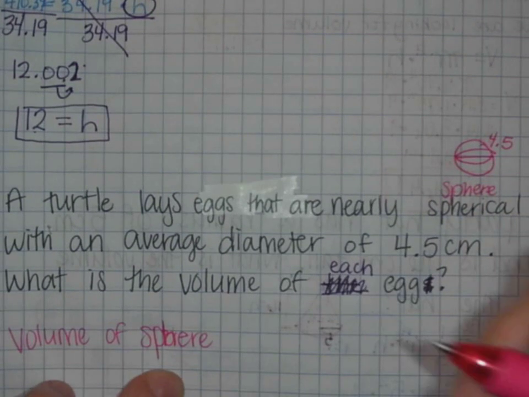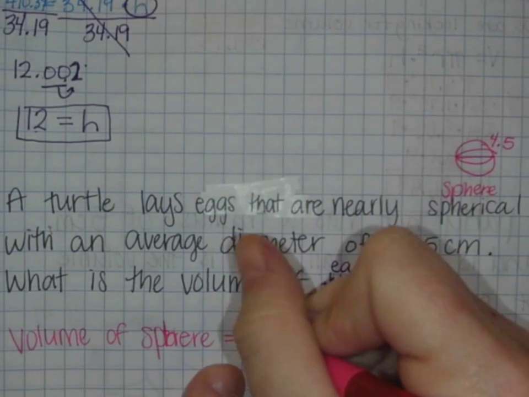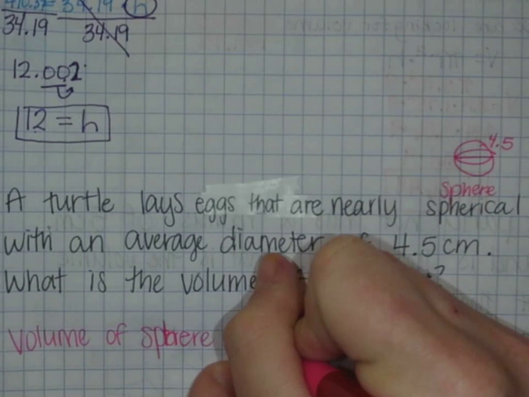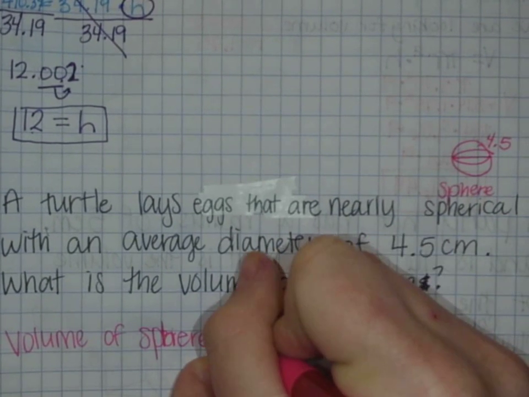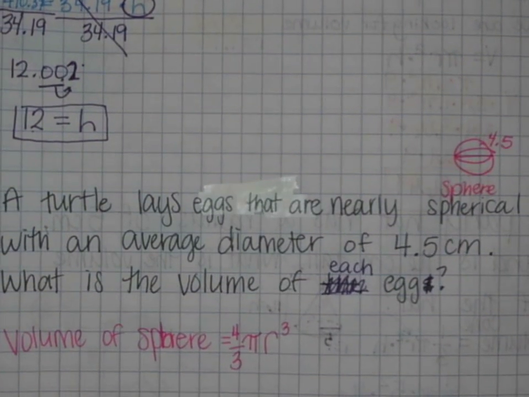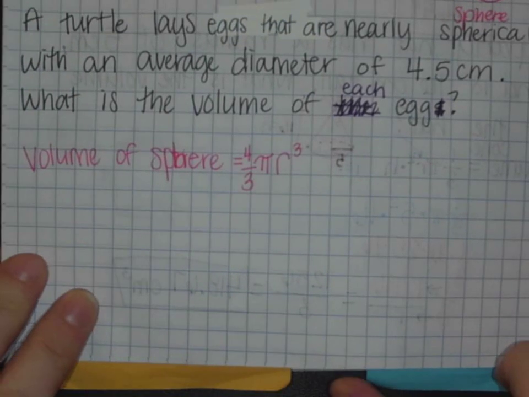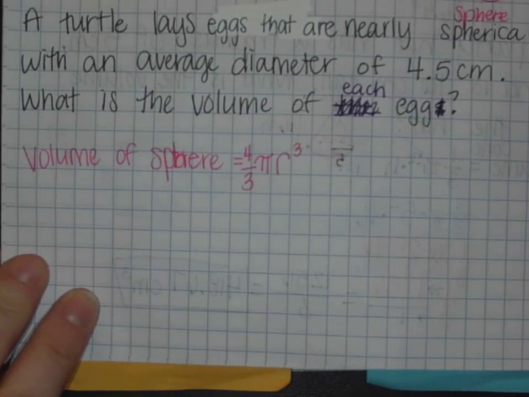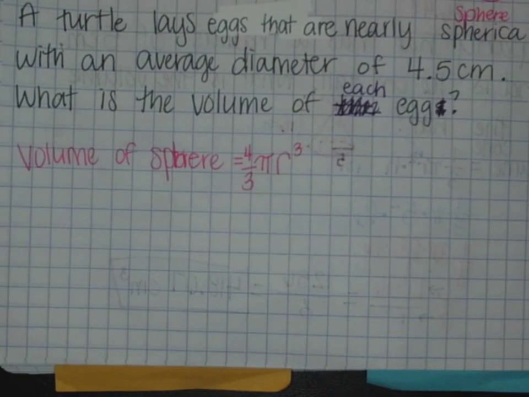So volume of a sphere. And the volume of a sphere is 4/3 pi r cubed. So 4/3 pi r cubed is our volume formula that we're going to use.